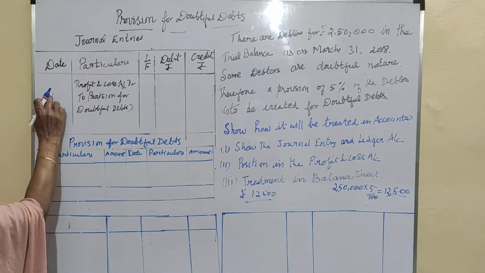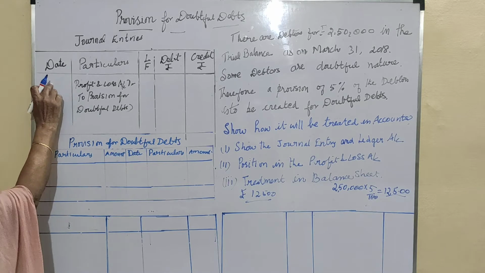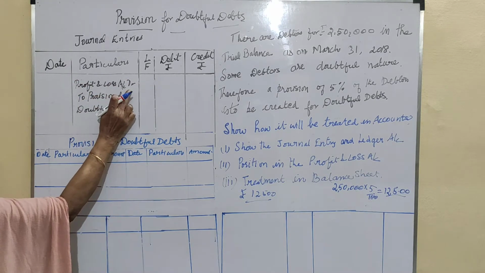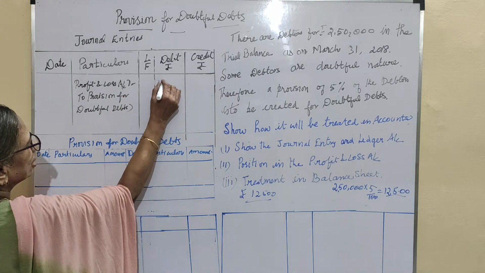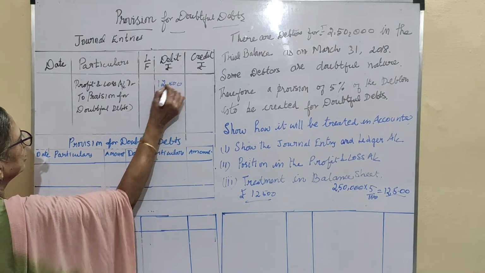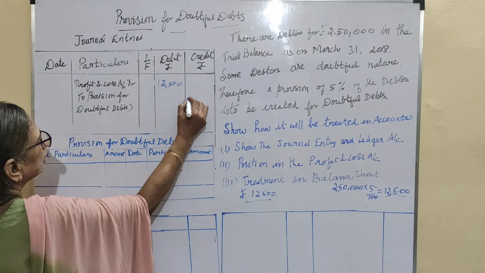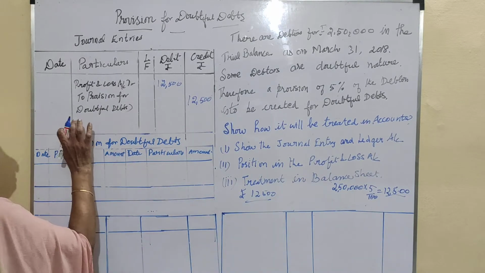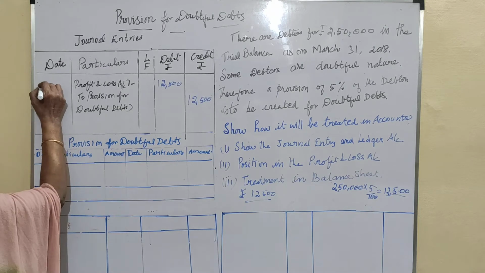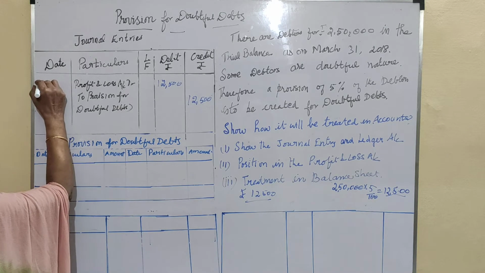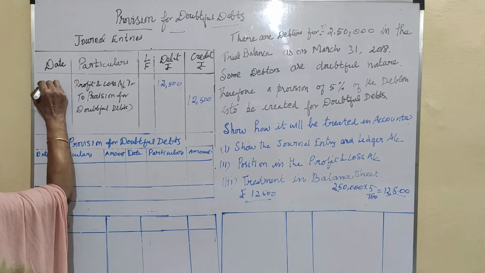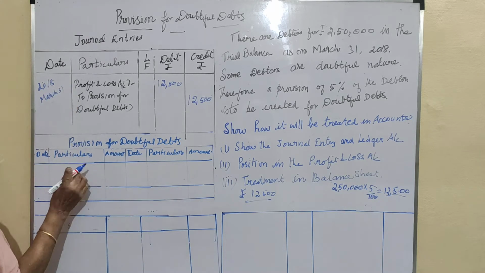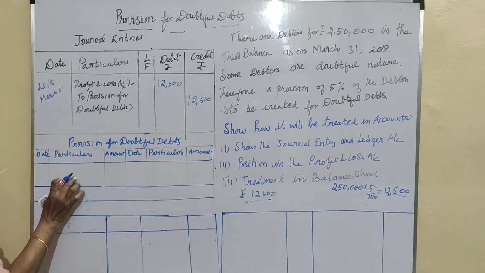Now the journal entry: the profit and loss account is debited with 12,500 to provision for doubtful debts. This is the journal entry. The date we write here is 2018 March 31st.